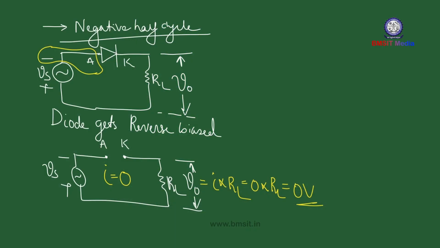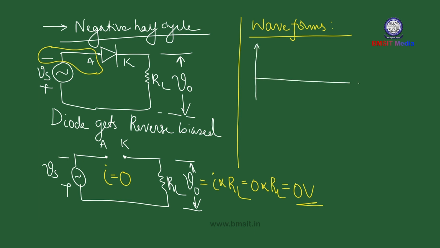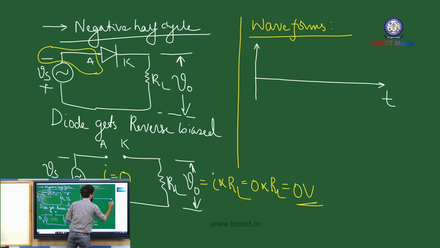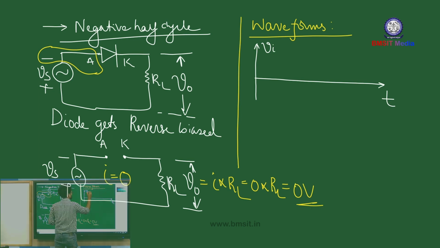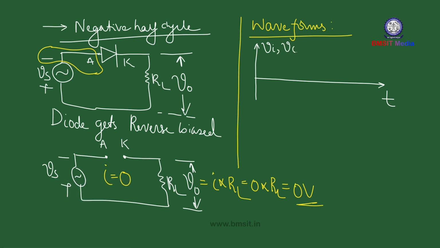So let's draw the waveforms here. Let me write the waveforms. The x-axis is the time axis and the y-axis is the voltage axis. Let us separately plot the input and output voltages.